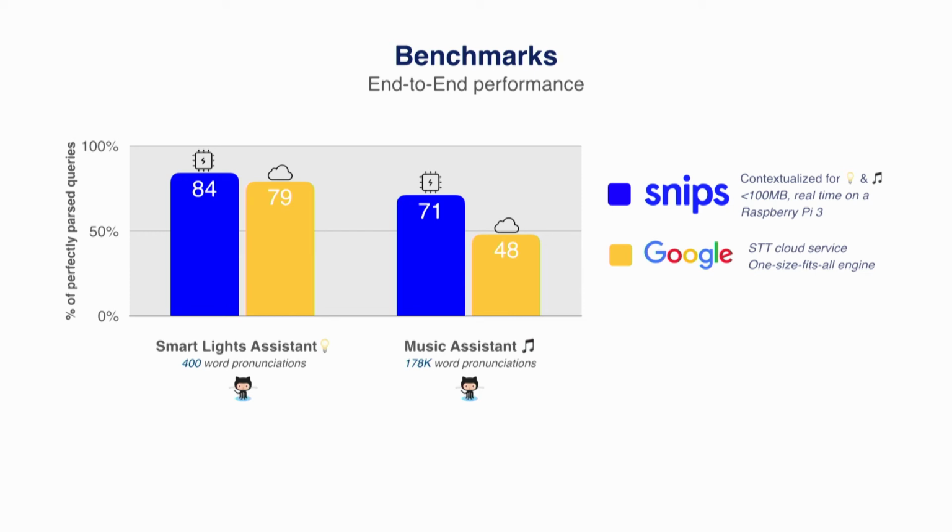So in this case, it's clean, closed field, let's say the easiest situation possible, and as we see, the Snips solution performs on par or better with respect to the Google one.